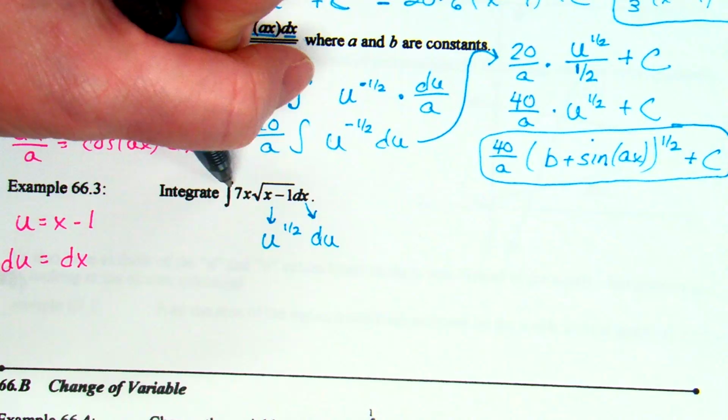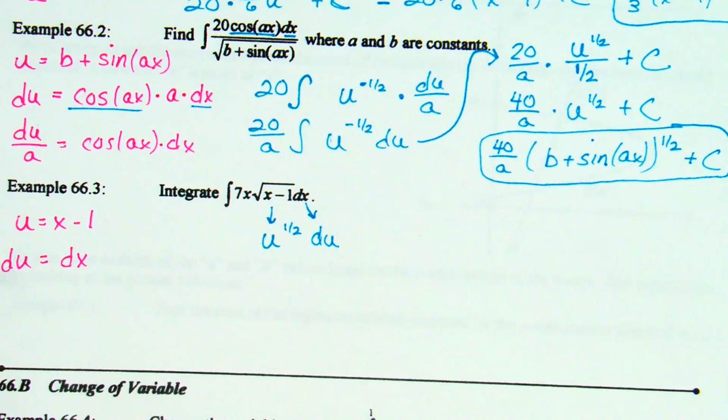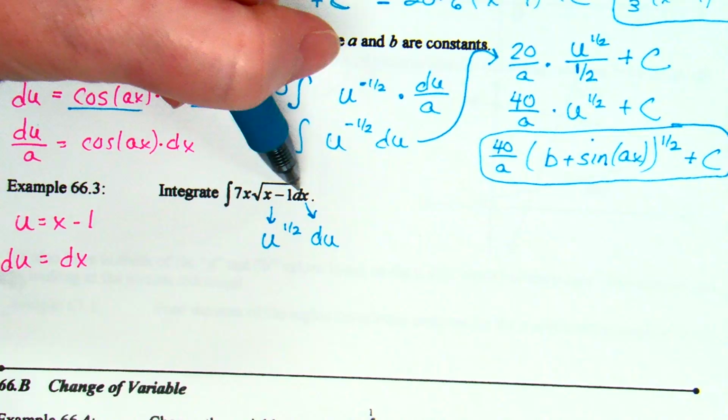What about this 7? Where did the x come from? Because we don't have that in our du equals. It's because she took the derivative of something with an x in it. So she got the 1 dx from the x minus 1. Are you talking about this dx or this x?